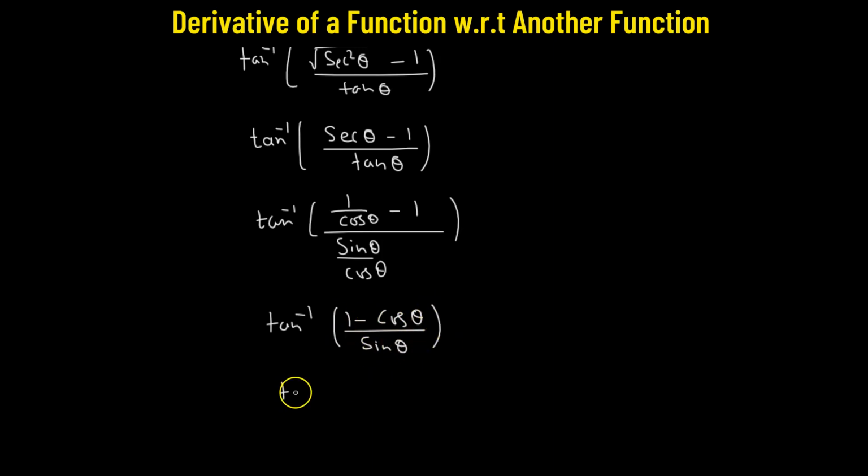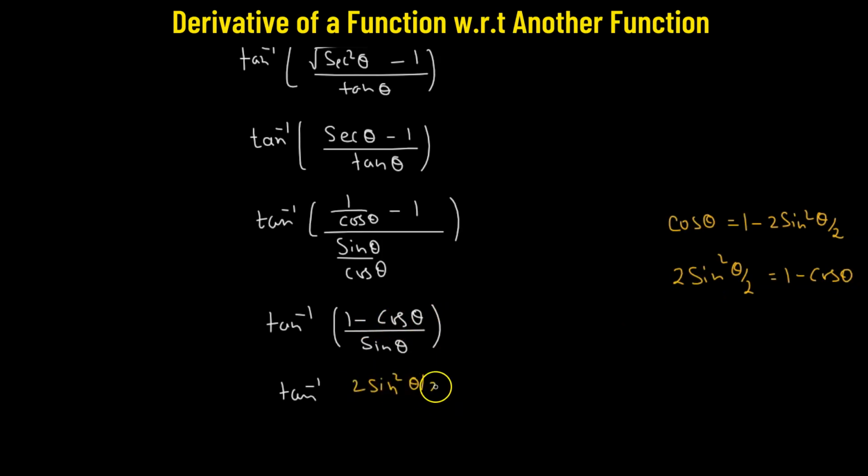Now we'll have to make use of an identity. We know that cosine of theta is given by 1 minus 2 sine squared theta over 2. So 2 times sine squared theta over 2 equals 1 minus cosine of theta. We can replace 1 minus cosine of theta in the numerator with 2 times sine squared theta over 2.